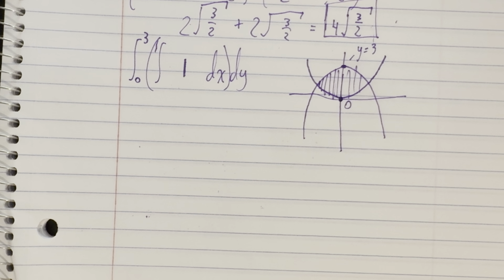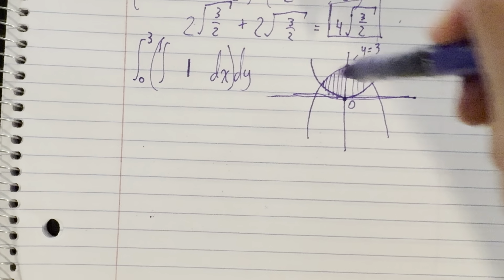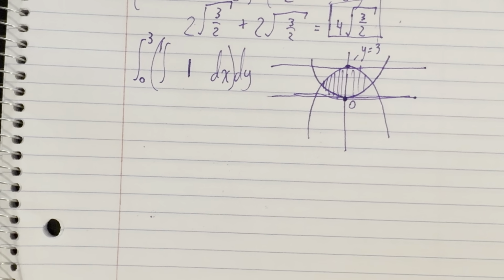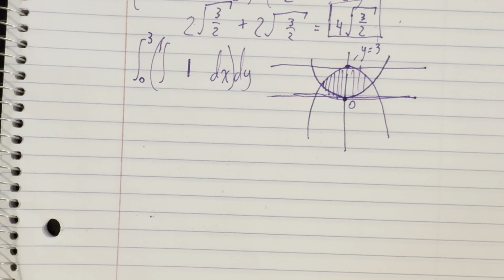All right, so dx, where does x stretch from? Because right now, if we're going from 0 to 3, we have this integral between these guys, which is pretty much infinite, I guess.